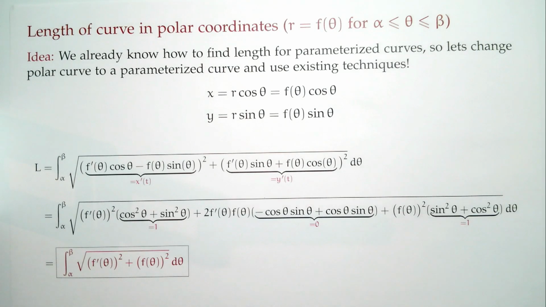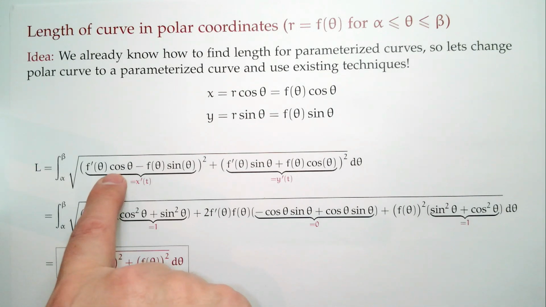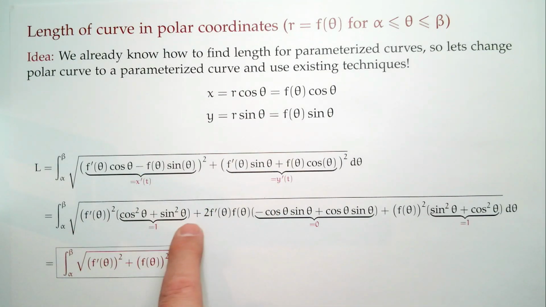Now, at this point, it looks terrible, and we're going to make it look worse. But sometimes, as an intermediate step, it looks bad for just a moment. So we square things out. If you're very patient and you square things out, you'll see certain things emerge. For instance, when you look at the f prime squared, there's a cosine squared and a sine squared.